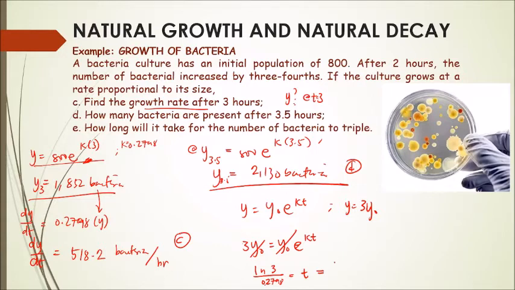So that's 3.926 hours, or that is approximately 4 hours. So this is our answer sa letter D. Mo triple ang number of bacteria, meaning it becomes 2,400 after 4 hours. So I hope you were able to capture it.